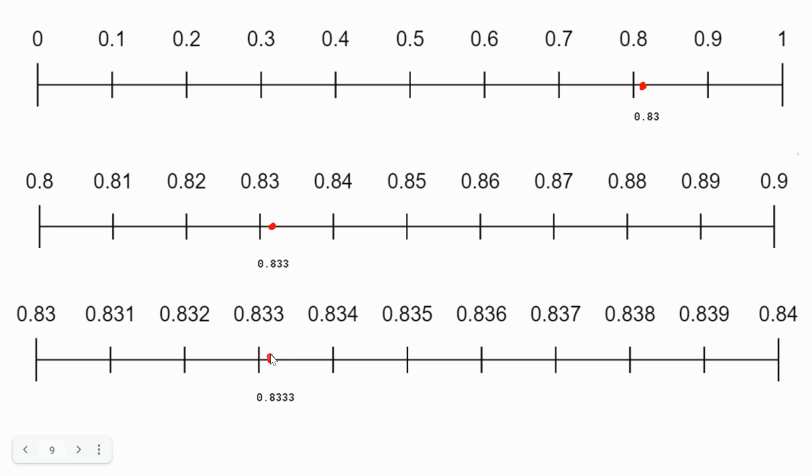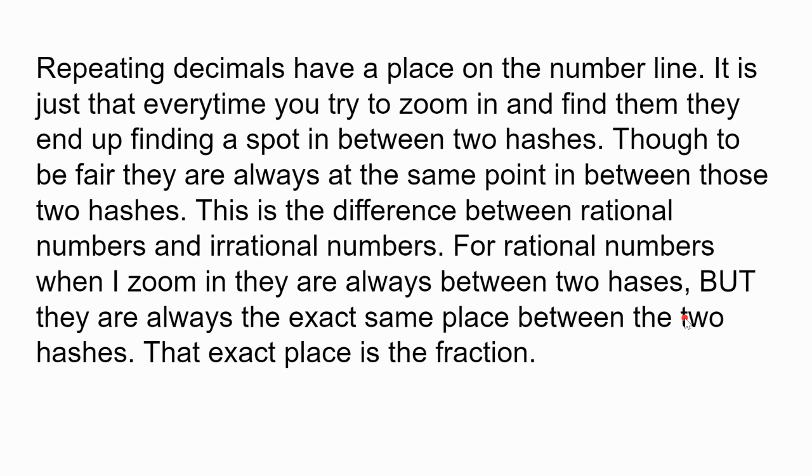So every time I zoom in on my number line and multiply it out by another 10, my decimal is just a little bit to the right of whatever that hash mark is. But it's always just a little bit to the right of this hash mark. So it's a nice pattern, but I can't really nail down the exact hash mark that it's on, right?